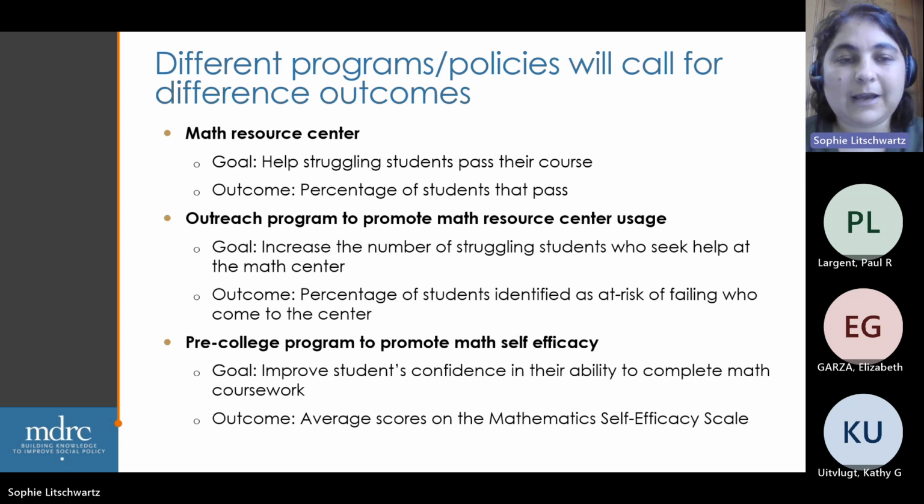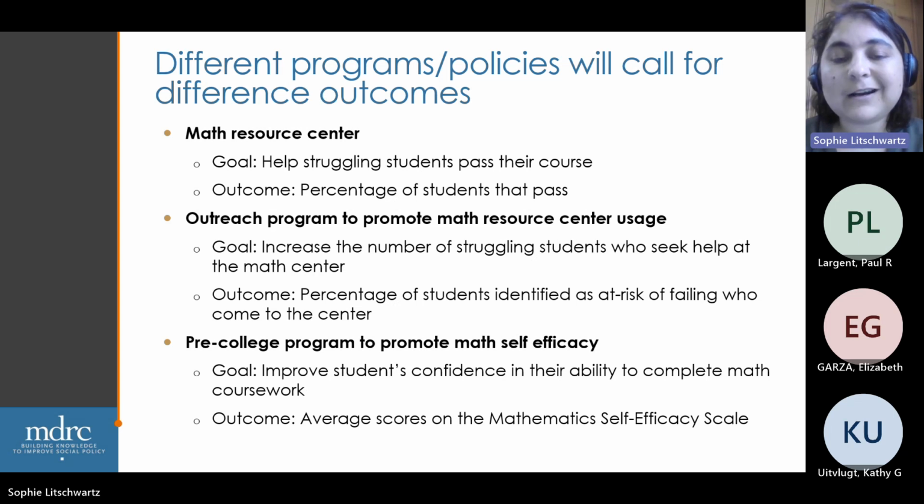So here we have our Math Resource Center, and I'm going to say that the goal was to help struggling students pass their courses. And so the outcome I really want to look at is the percentage of students that pass. Or I might have an outreach program to promote Math Resource Center usage. So I want to increase the number of struggling students who seek help at the Math Center.